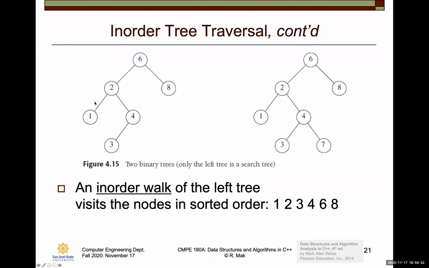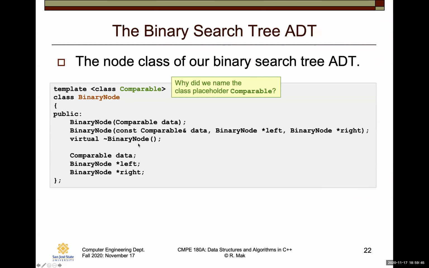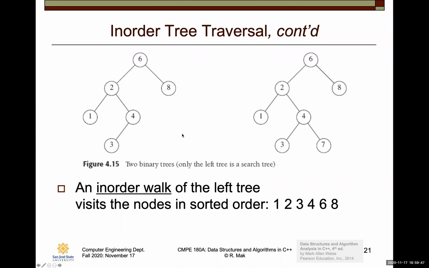If you look at the numbers we've written out, we have indeed written them out in sorted order. So if we have a binary search tree, then this is a feature: if we do an in-order traversal, that means we visit the node, which in our case is writing out the value, in between visiting the left and right children.